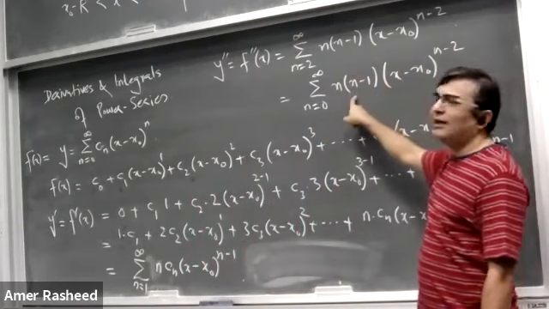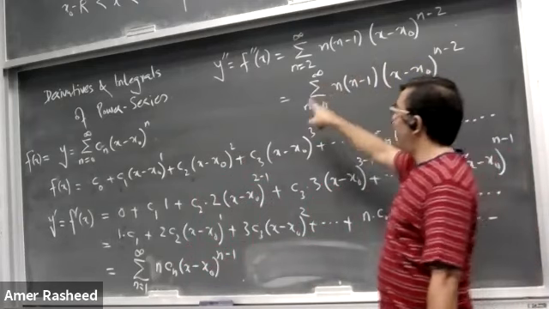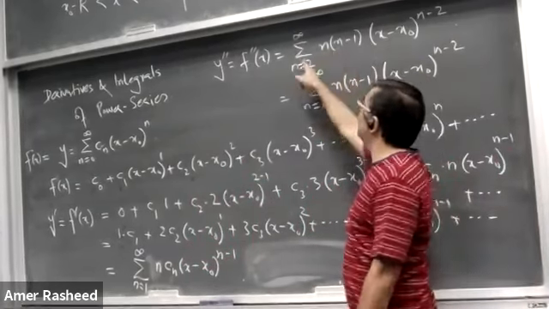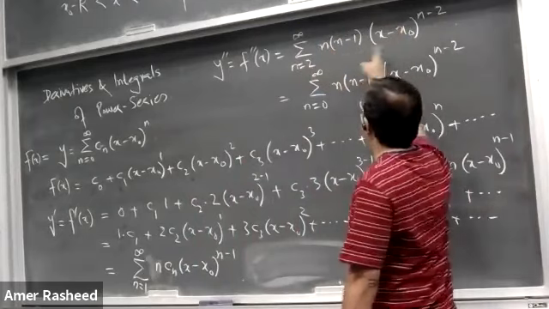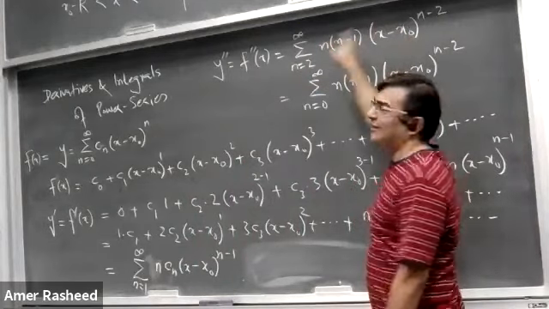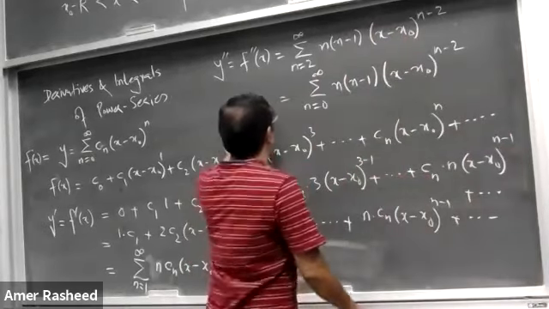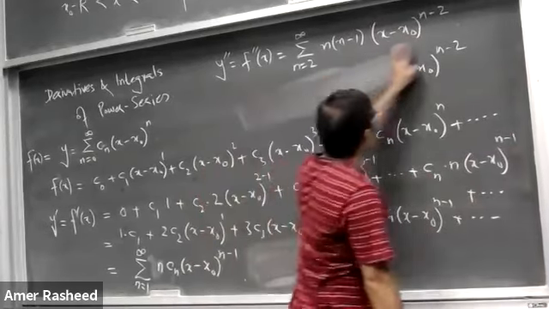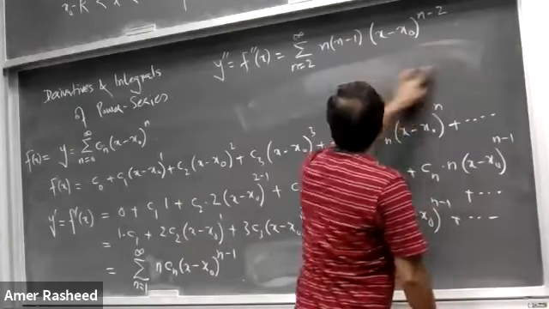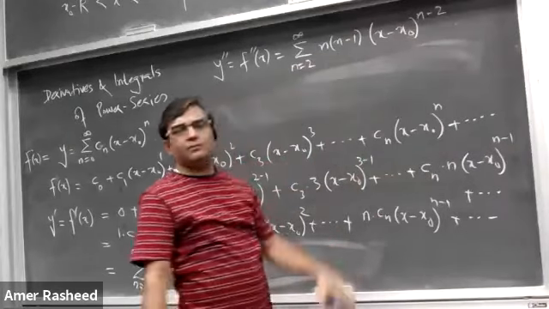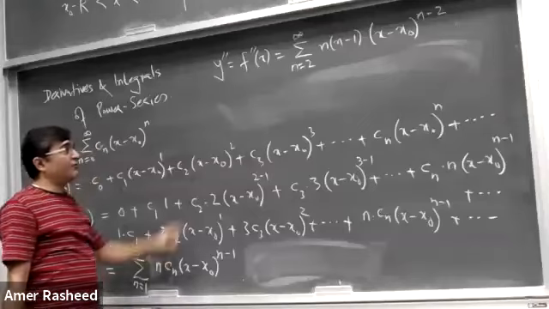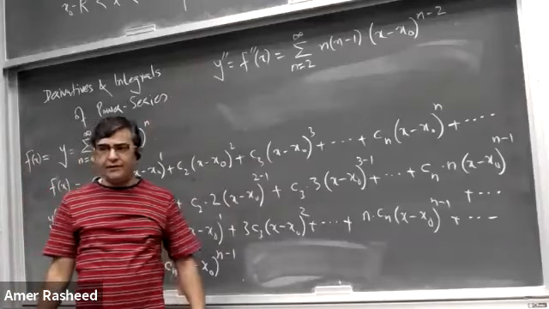Again, the second term will vanish. And we are going to have the same series. Okay, but we don't normally do this. We write the second derivative in this form, starting from n is equal to 2 to infinity.